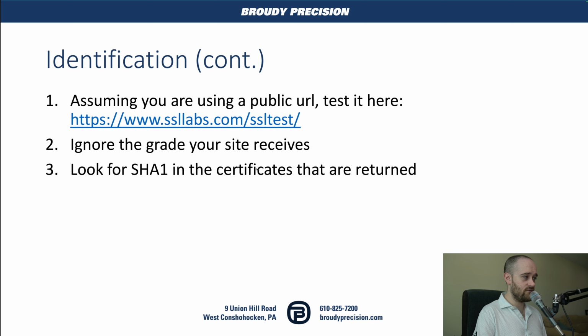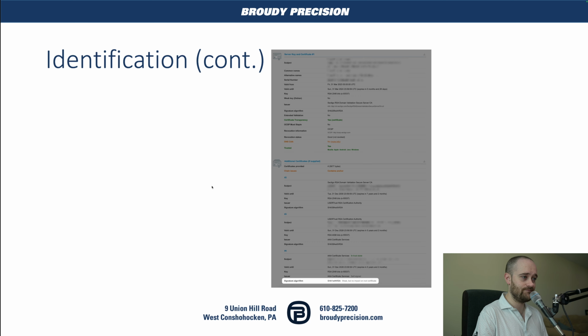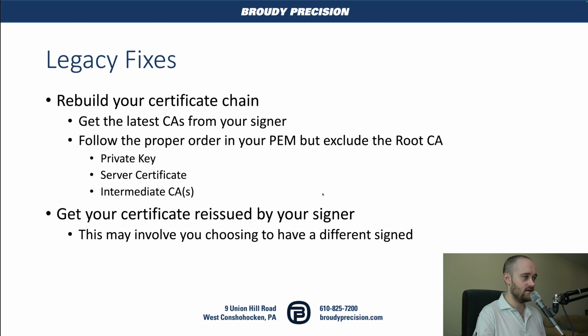And then you can further look into this by going to this URL, throwing in the URL to the server or Niagara instance that you're having issues with, and seeing if you have SHA-1 in your certificates that are returned. And this is what you would see down here at the bottom. This SHA-1 with RSA is what we were seeing in this certificate chain on the root certificate of that certificate chain.